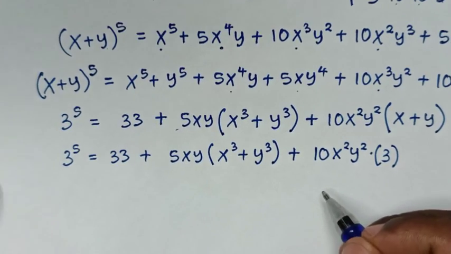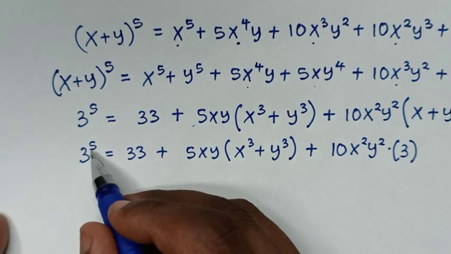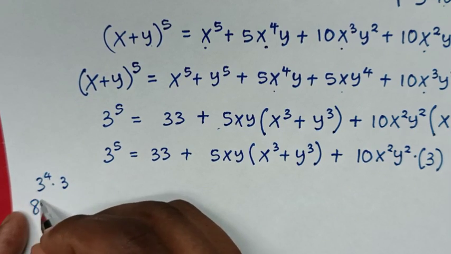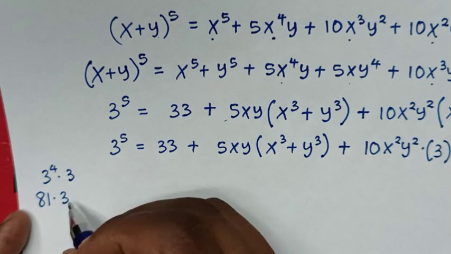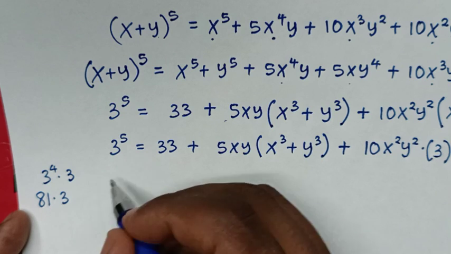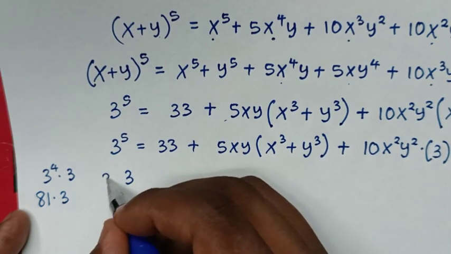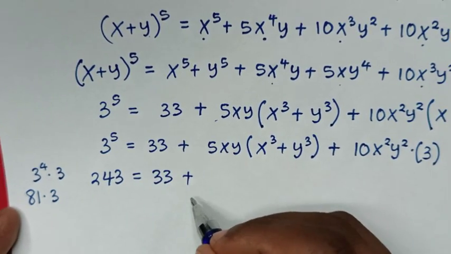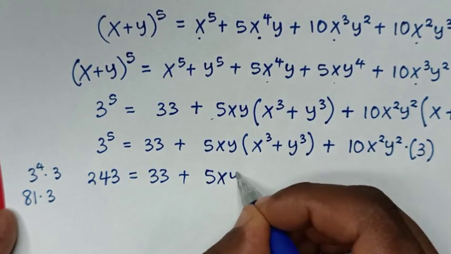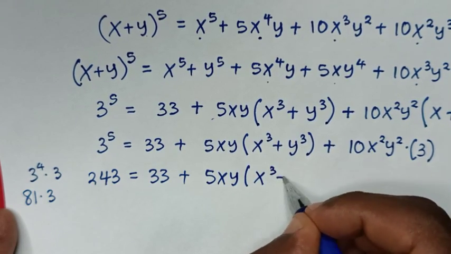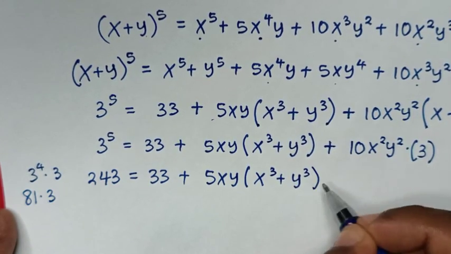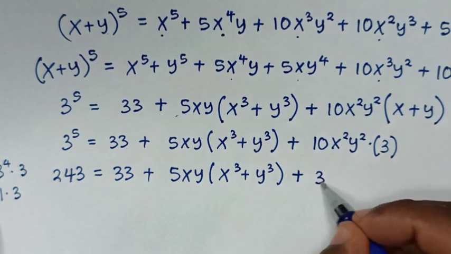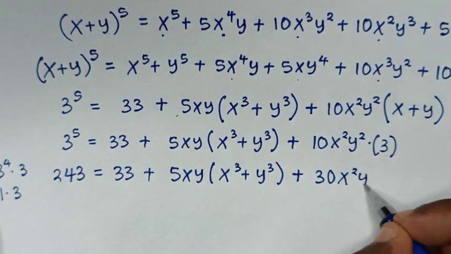Then 3 power of 5 is the same as 3 power of 4 times 3, whereas 3 power of 4 is 81, times 3 is 243, is equal to 33, then plus 5xy bracket x power 3 plus y power 3 bracket, then plus 10 times 3 is 30, x square y square.